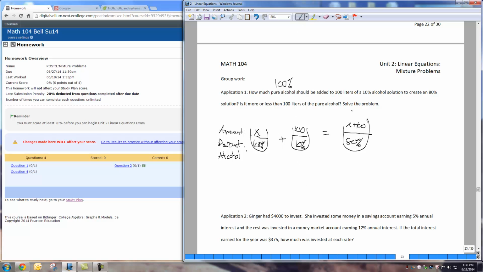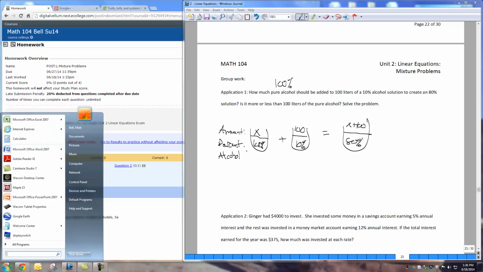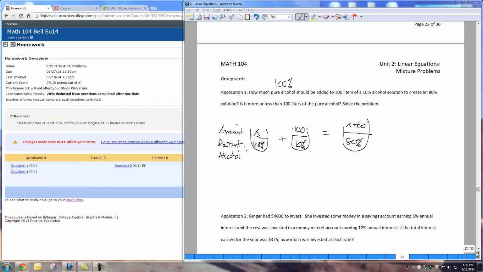Really, you could have called this y and said y equals x plus 100. So you could erase x plus 100 and just call it y, but why would you want to do that? Just have one variable here. So now we have this times this plus this times this equals this times this. Pretty simple stuff.